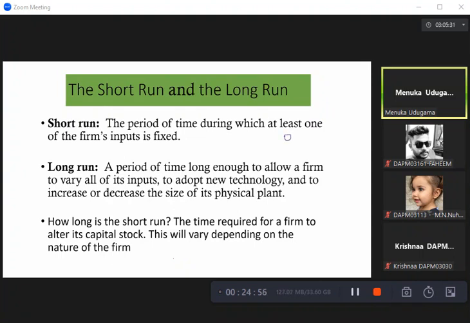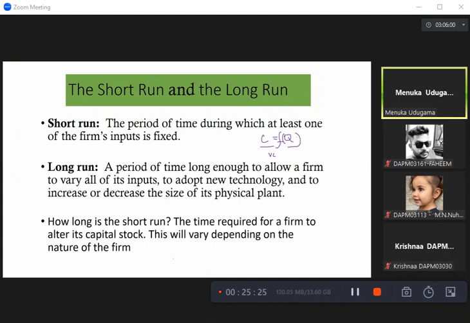Now, this is the output, and the cost of the firm will vary. F stands for function, meaning it varies with output. The cost of the firm varies with the level of output, right? So if it depends on the output, that is called variable cost. And if it does not depend on the output, that is called a fixed cost, right?